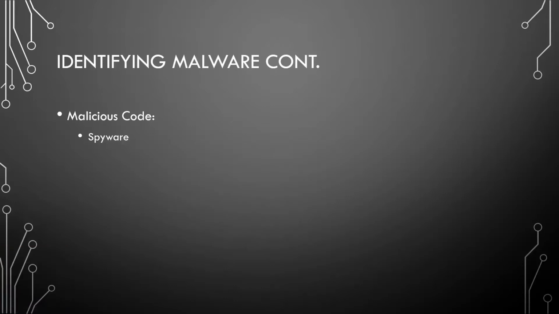You're going to hear this acronym quite a bit, PII, and what it stands for is personally identifiable information. That would be your social security number, birth date, credit card information, etc. When spyware is loaded onto your computer, it's going to unfortunately gather a lot of information, and that's going to include PII.